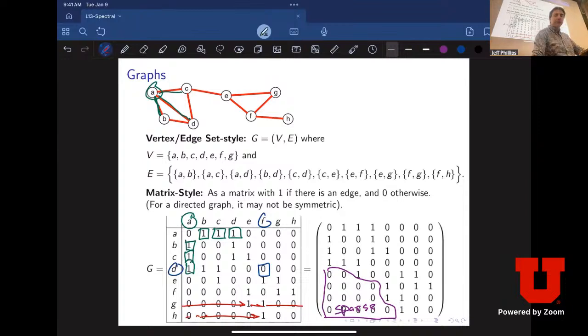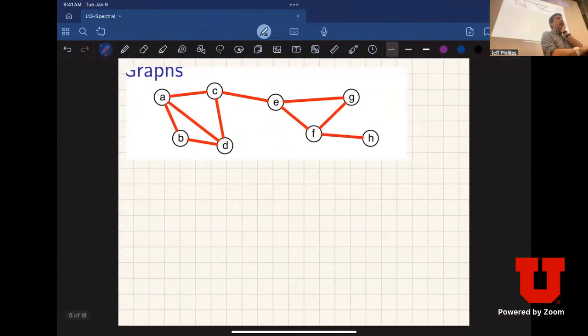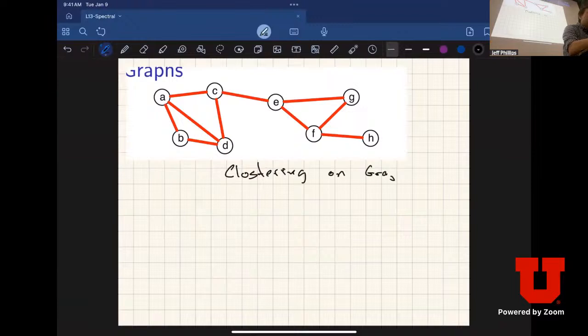Okay, so I guess the next question is, what do we think about clustering on this graph? What do we do to do clustering on a graph? Okay, I'm going to start without going to the matrix representation.